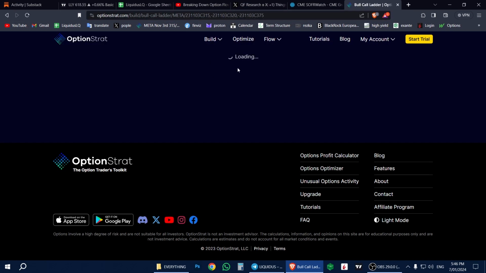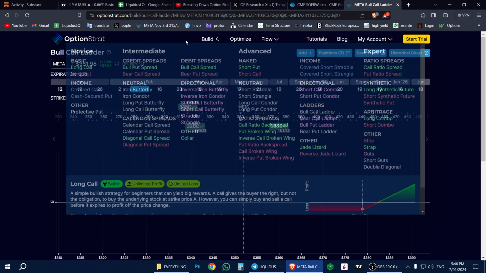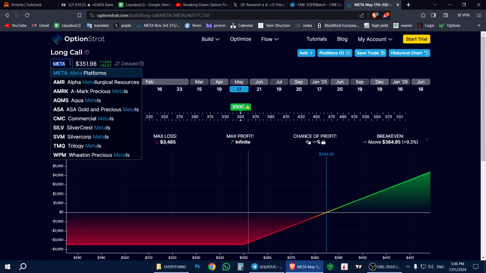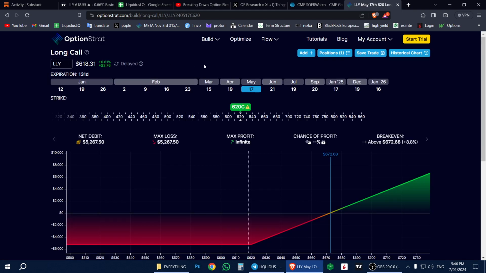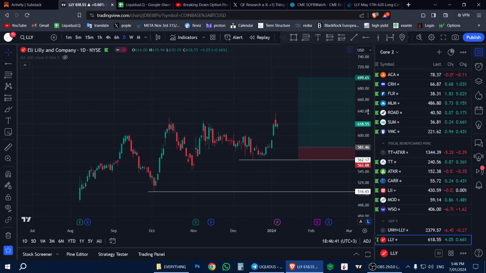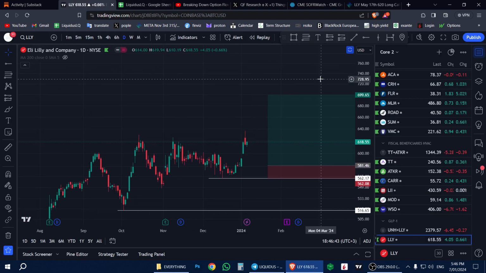and options, strat, build, long call. How about this? How much does it cost? Our view is that in order for Lilly to reach 700, first of all we need earnings to be great, and we believe the earnings will be great.